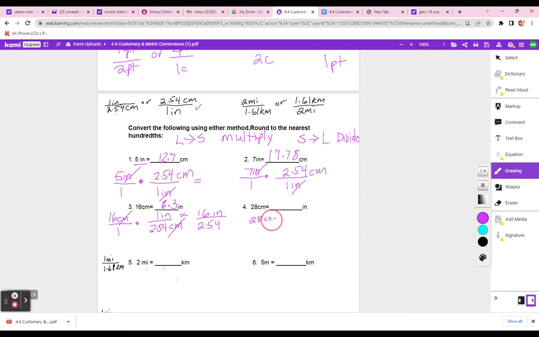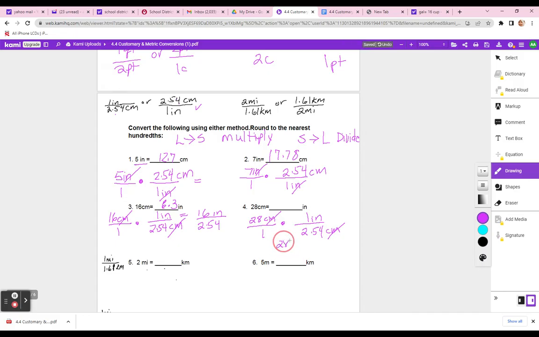So 28 centimeters over 1 times the correct conversion factor. Since I want to convert from centimeters to inches, I want the centimeters to divide out. So I'm going to need 2.54 centimeters on the bottom and 1 inch on top. Centimeters will divide out.